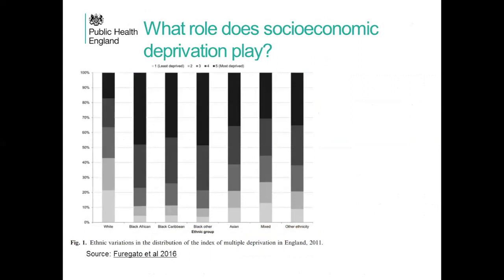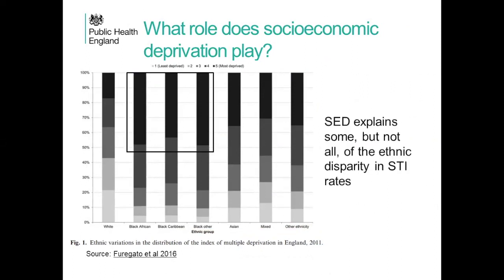And so what that raises is a question on why bacterial STI are so much higher in Black ethnic groups compared to other groups. And as you're aware, socioeconomic deprivation has influences on general and sexual outcomes. And so last year we did an analysis using the GAMCAD data, and it found that socioeconomic deprivation explains some, but not actually all, of the ethnic disparities in STI rates.